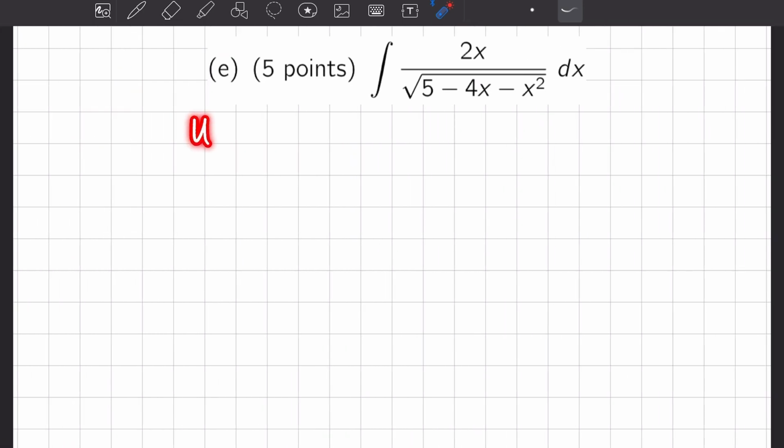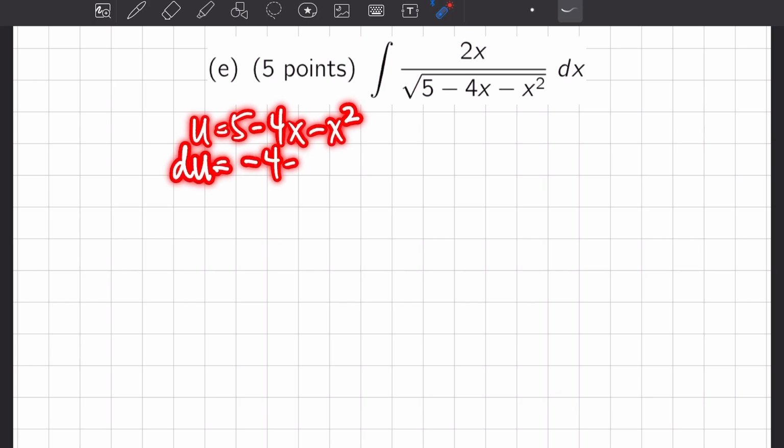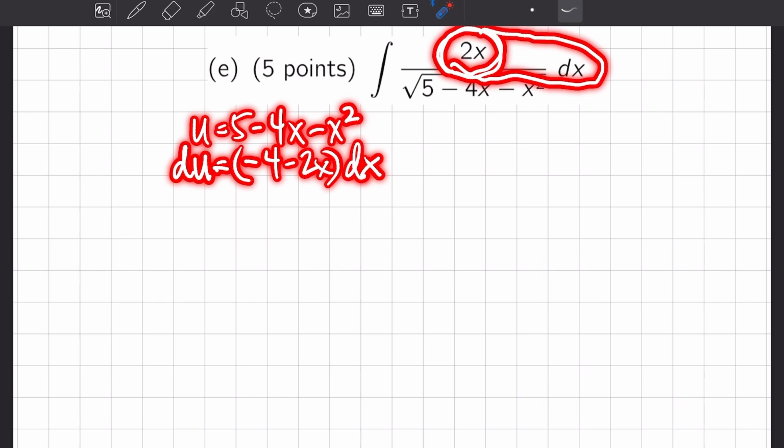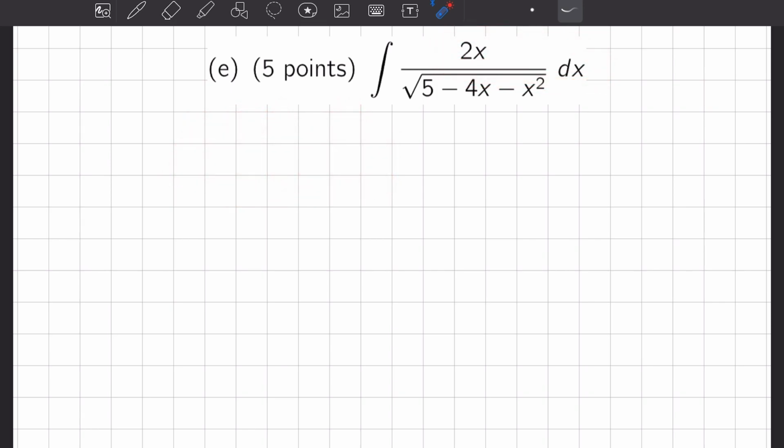If you let u be equal to 5 minus 4x minus x squared, the du that you will get is negative 4 minus 2x dx. But our problem right here is that we only have a 2x dx, but here you have negative 4 minus 2x dx.